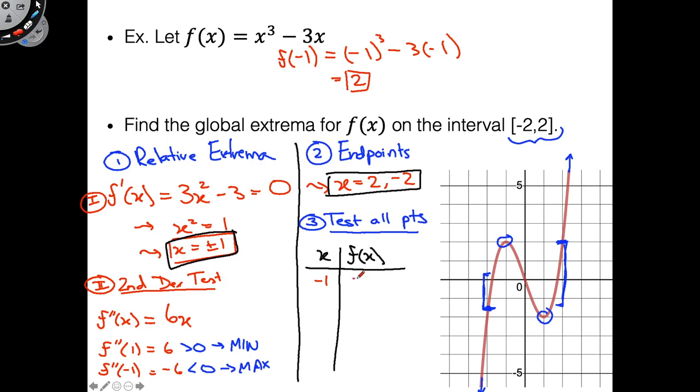What about minus 2? f of minus 2 is going to be minus 2 cubed minus 3 times minus 2, which is negative 8 plus 6, so this entire thing is going to be a minus 2.